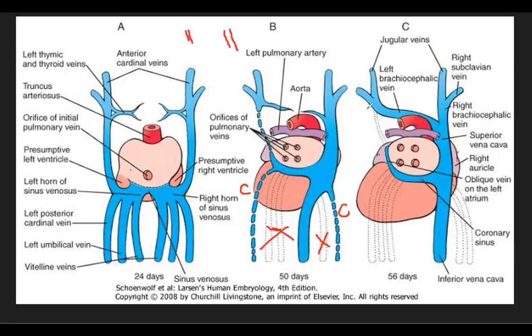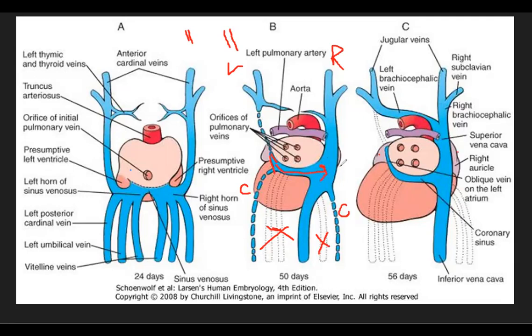So these cardinal veins degenerated, and regarding the anterior cardinal veins, the left anterior cardinal vein also degenerates. So the whole supply is now from the right cardinal vein. And as you see, this is the right anterior cardinal vein. When the left anterior cardinal vein is degenerating, it becomes narrower. When it becomes narrow, the blood moves from left to right.